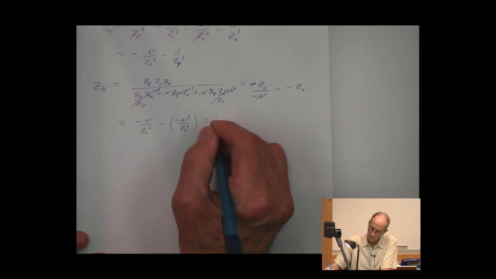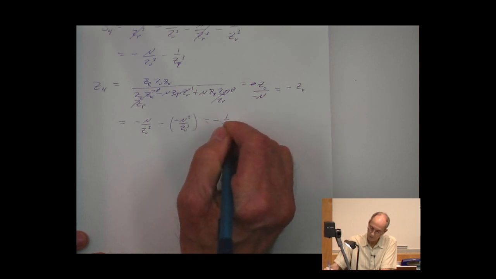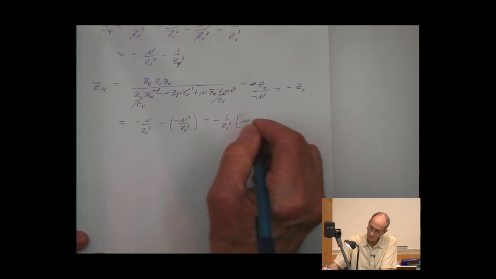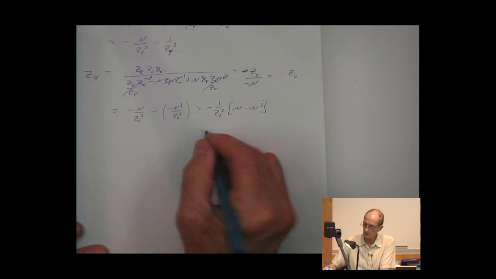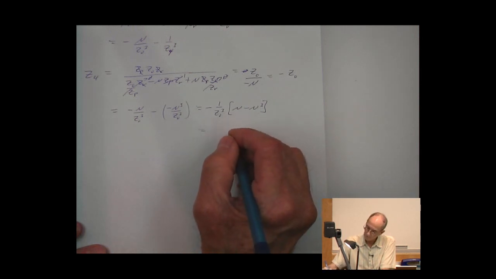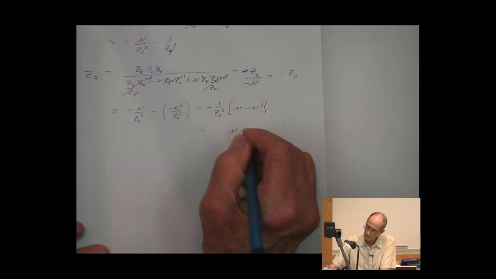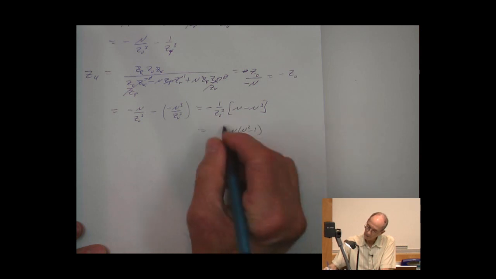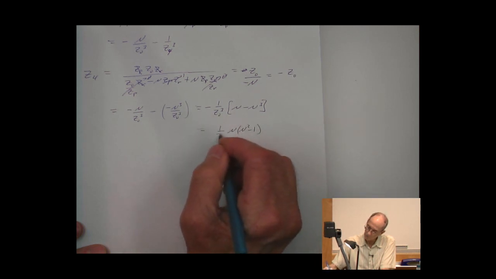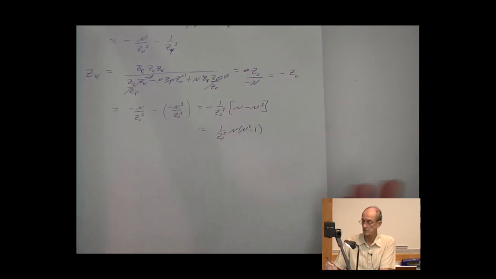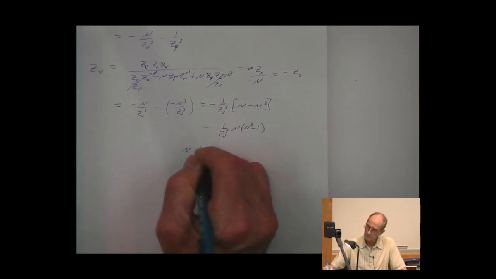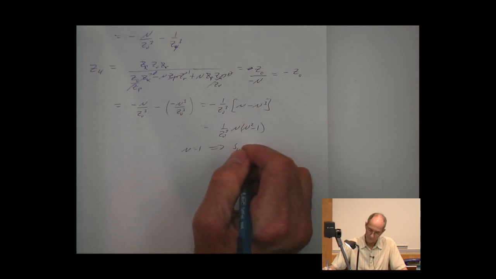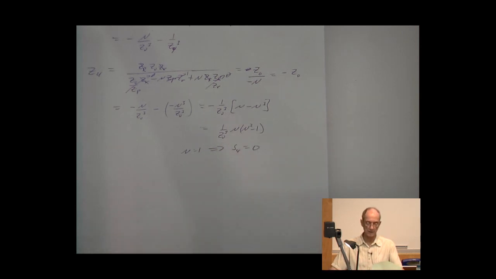And this is now minus 1 over ZO cubed times mu minus mu cubed. And if you remember, I wrote this as mu times mu squared minus 1, and this is 1 over ZO cubed. So when mu is equal to 1, that goes to 0. That spherical aberration term goes to 0. Okay, any questions on that?